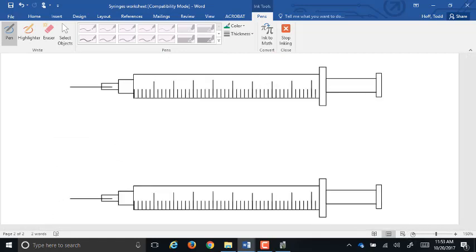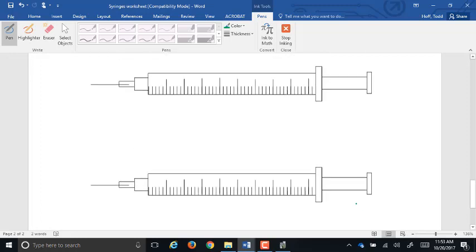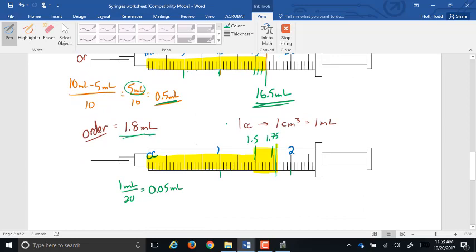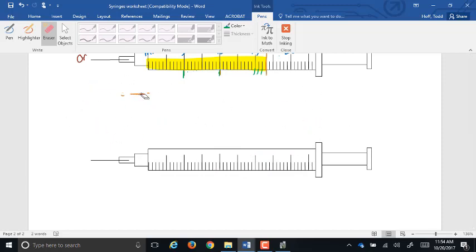Let's talk about appropriate syringes to use. All of them? Cleanest one? Ouch. Rinse it out a little bit. It's good to go.